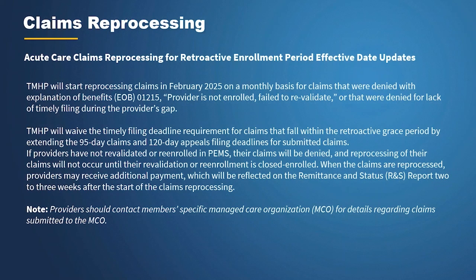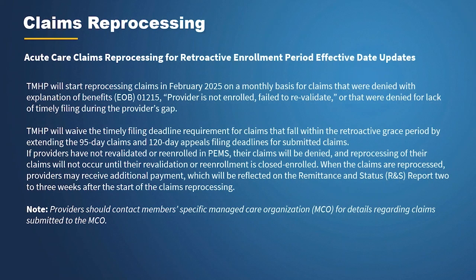Starting in February 2025, TMHP will begin reprocessing claims monthly for those denied with EOB 01215, provider is not enrolled, failed to revalidate, or for timely filing issues during the provider's gap on a monthly basis. Some key highlights. TMHP is waiving the timely filing deadline for claims within the retroactive grace period.